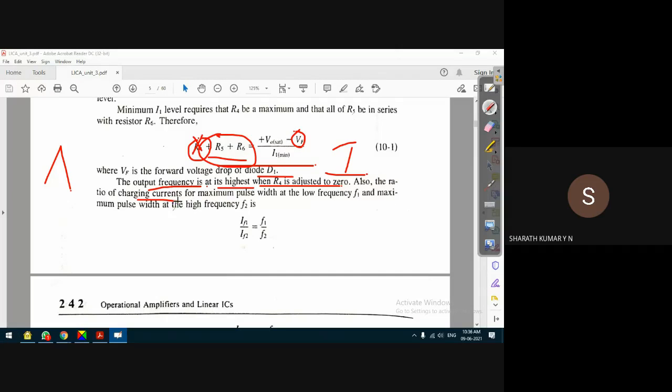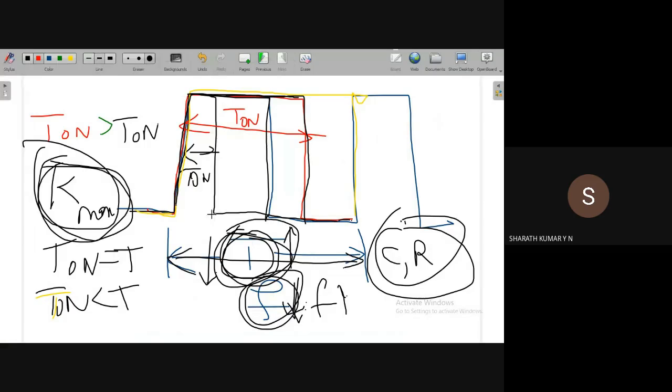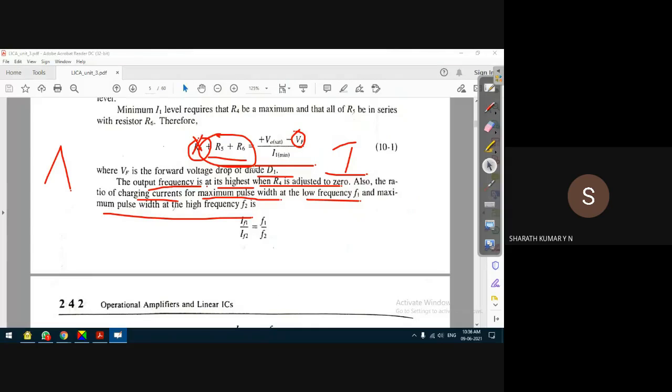So consider the ratio of the charging currents for the maximum pulse width at the lower frequency and the maximum pulse width at the highest frequency. There are two possibilities: one pulse width for the least frequency, another for the largest frequency. If you consider the current for the smallest and largest frequency, we can write IF1 divided by IF2.